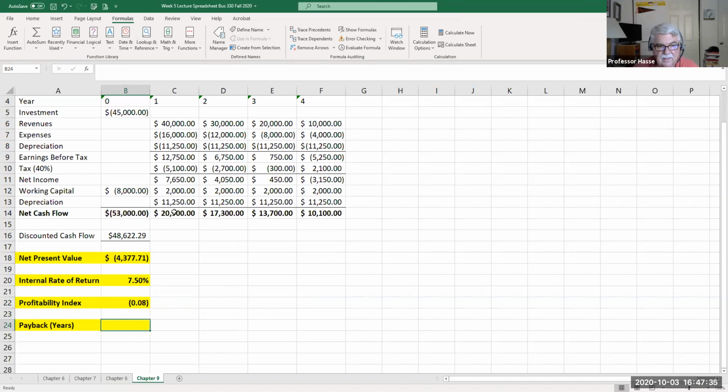All right. At the end of year 1, we have 20,900. So that means at the end of year 1, we've invested 53,000 and we've paid back 20,900. We still got 32,000 left. In year 2, we have 32,100 left, and we've paid back 17.3 in year 2.